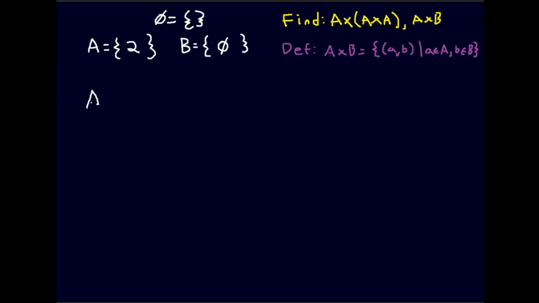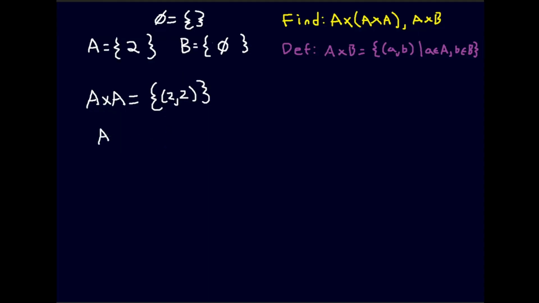So let's break this down into two steps. Let's just do the Cartesian product of A and A, which is just itself. And again, if you want to verify the cardinality, the Cartesian product of A and A should be 1 because 1 times 1 is 1.